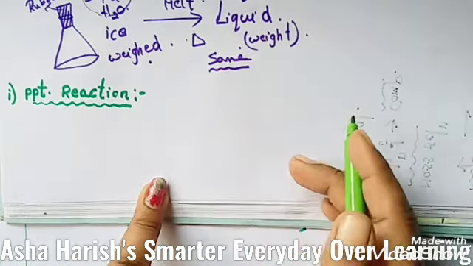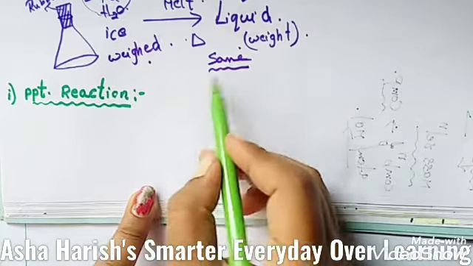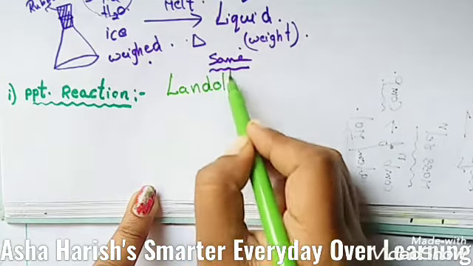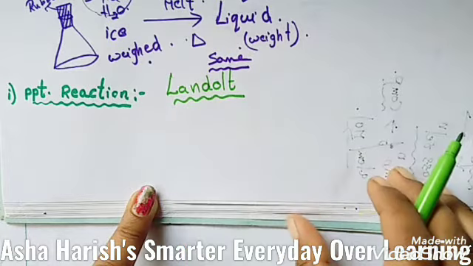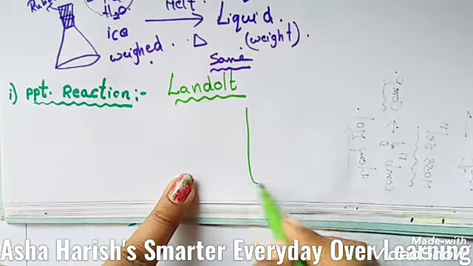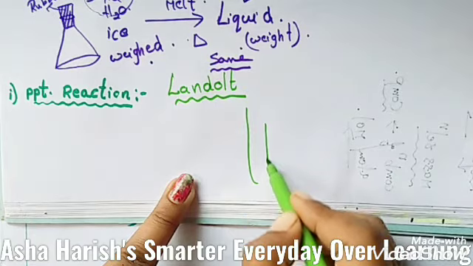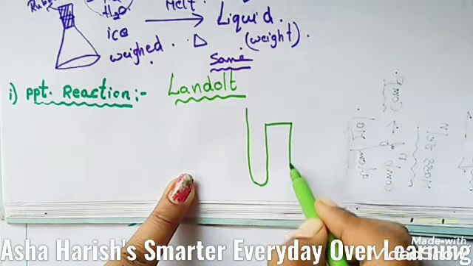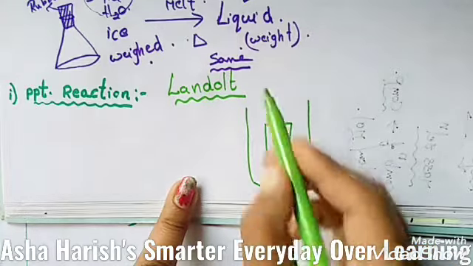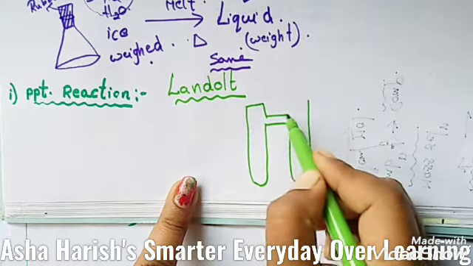In the first type of reaction, there is a new word, Landolt. The Landolt tube. Here you can see two U-shaped tubes.